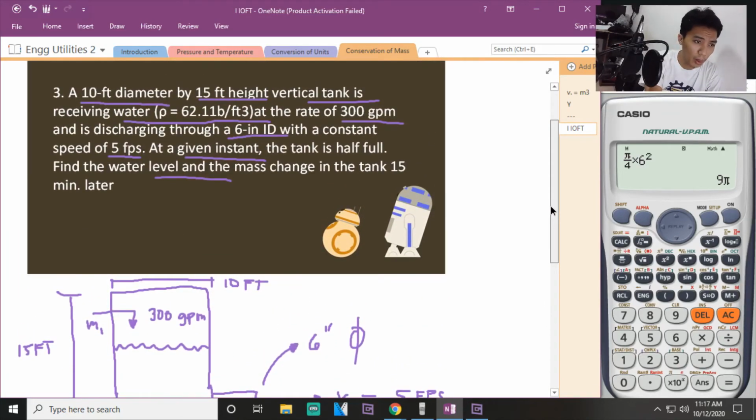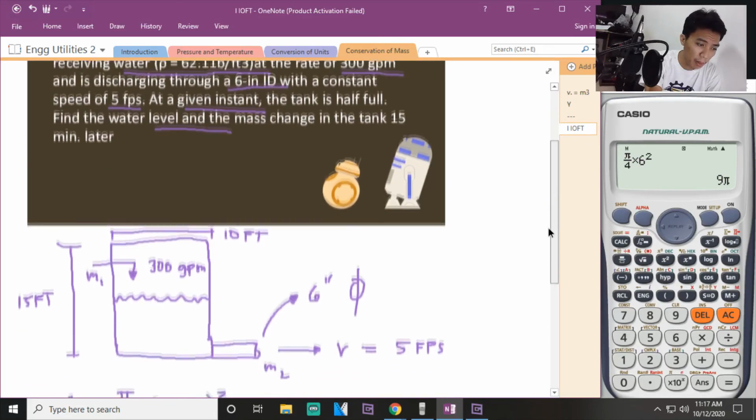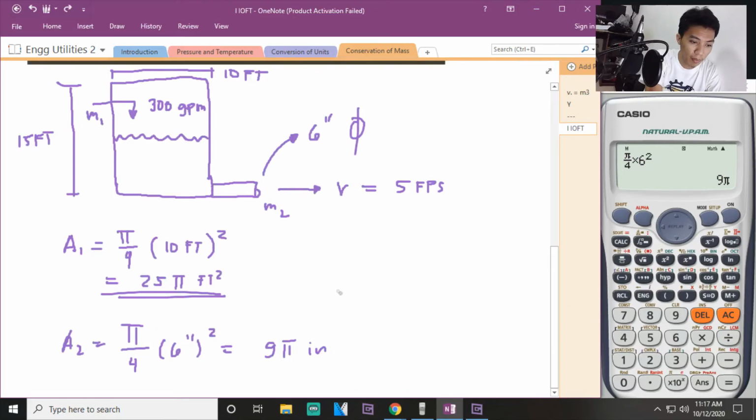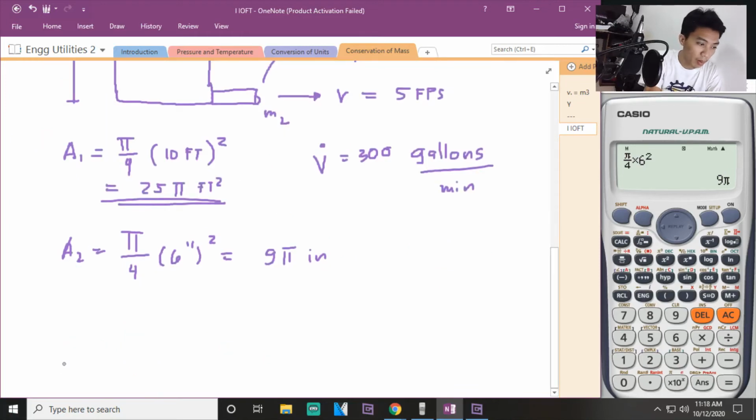So, meron tayong rate na 300 GPM. Makukuha natin yung mass flow rate sa 1. So, given ang flow rate na 300 gallons per minute, pwede natin makuha yung mass flow rate.